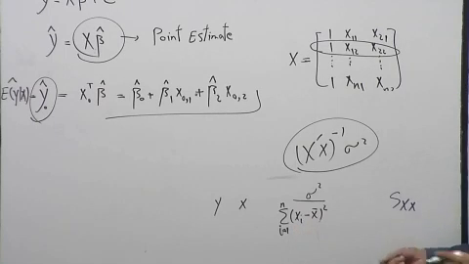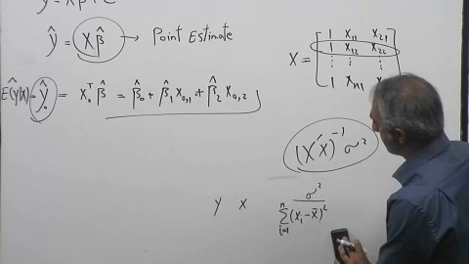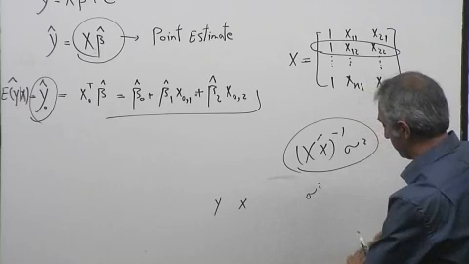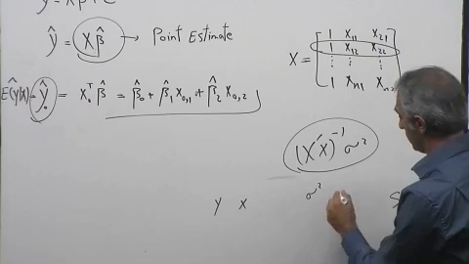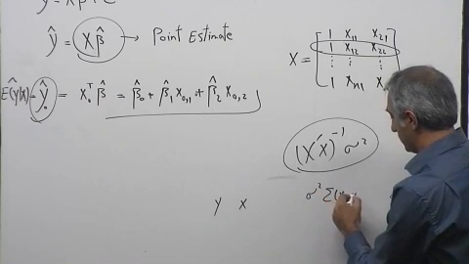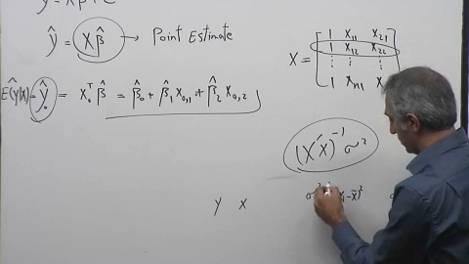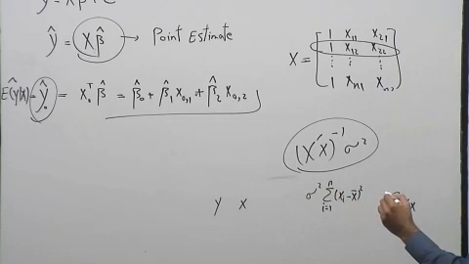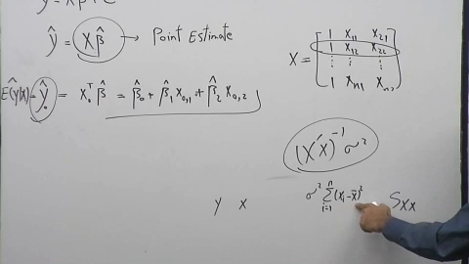I'm sorry, it's the other way around. So if your point is closer to x bar, then what's going to happen?